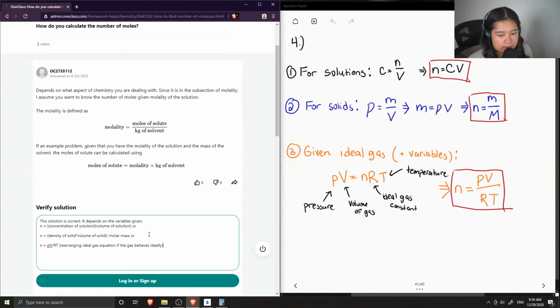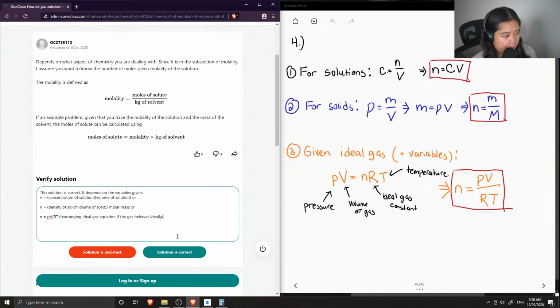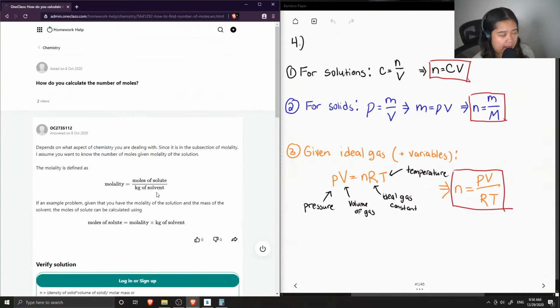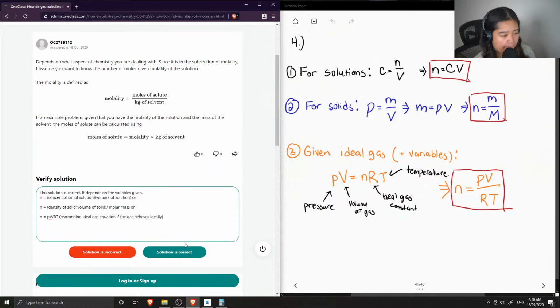Okay, so I just summarized all the different aspects of chemistry you could use to calculate the number of moles.